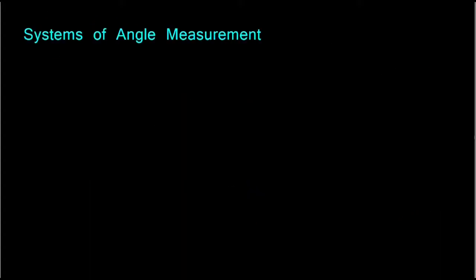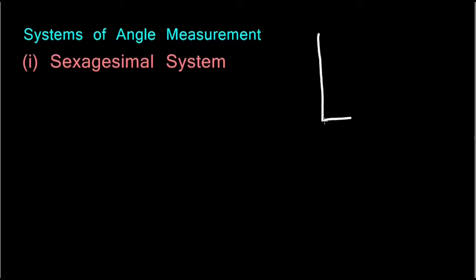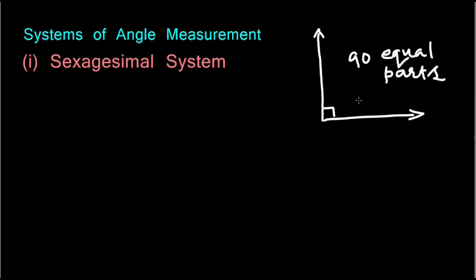In system of angle measurement, we will study two systems. The first is the sexagesimal system. In the sexagesimal system, a right angle is divided into 90 equal parts. Each part is called 1 degree. This 1 degree can be divided into 60 equal parts.